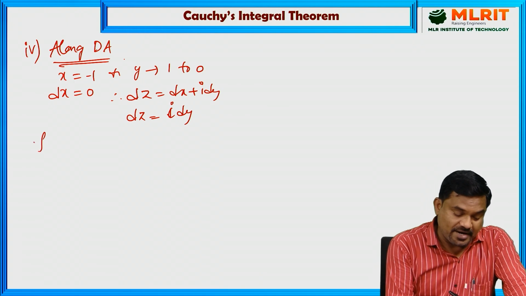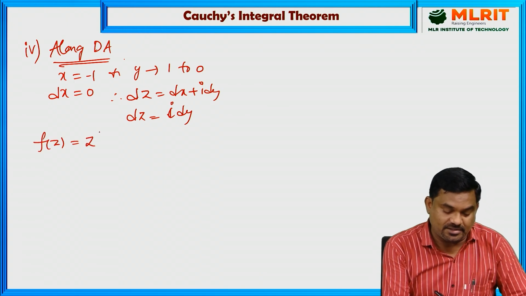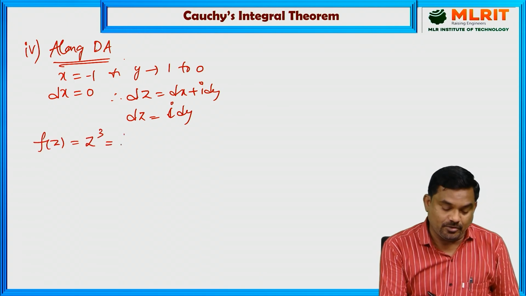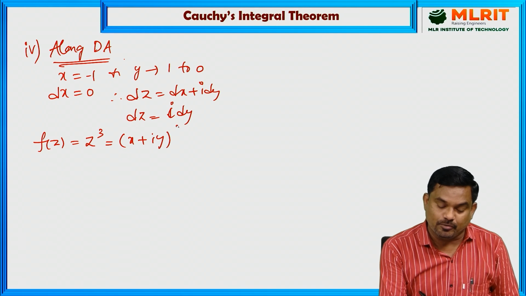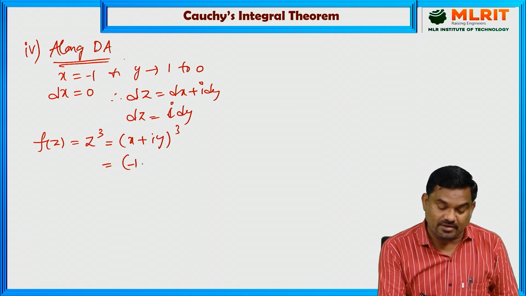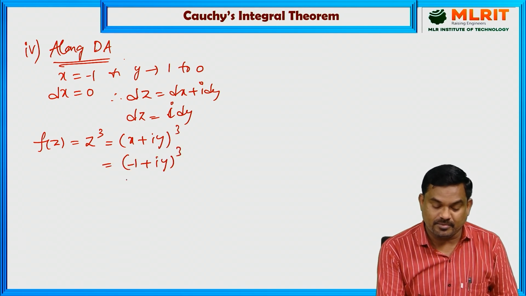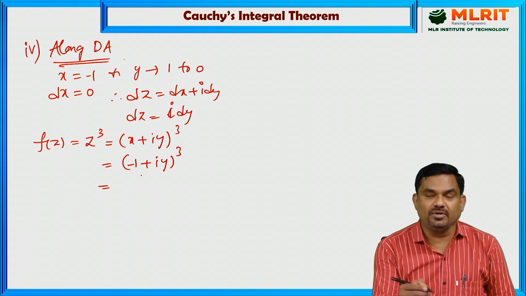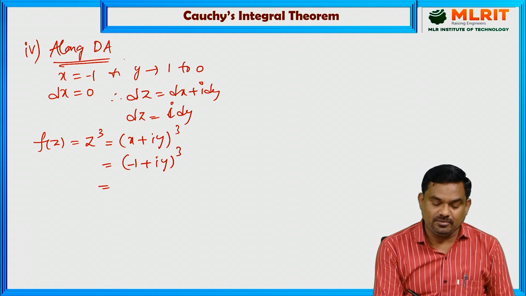Now, let us find f of z. f of z is z cube. So, z cube, x plus iy whole cube, but x is minus 1 here, minus 1 plus iy whole cube. First simplify this, then we will integrate with respect to y.